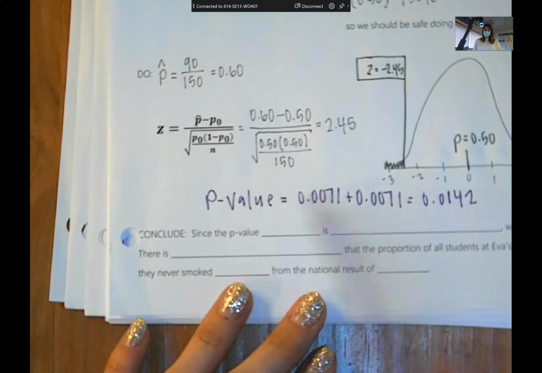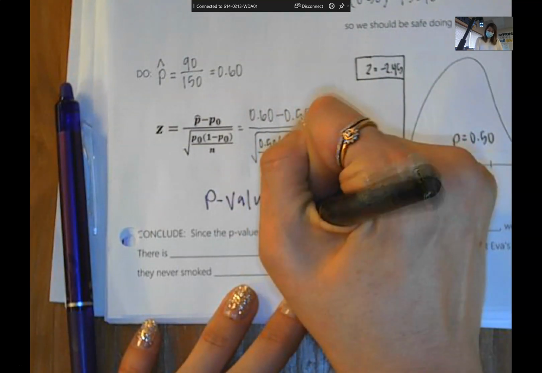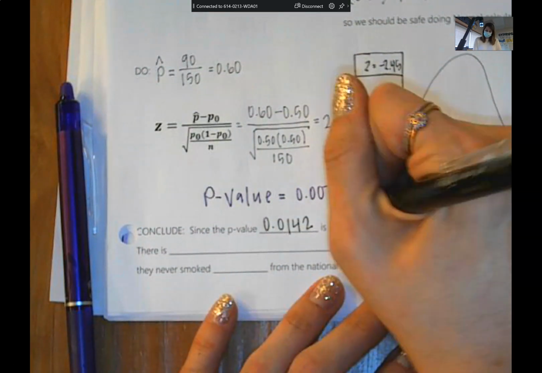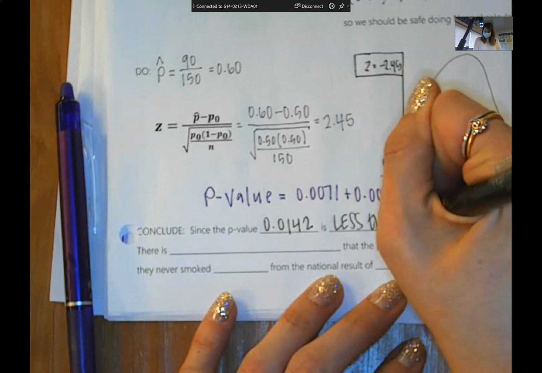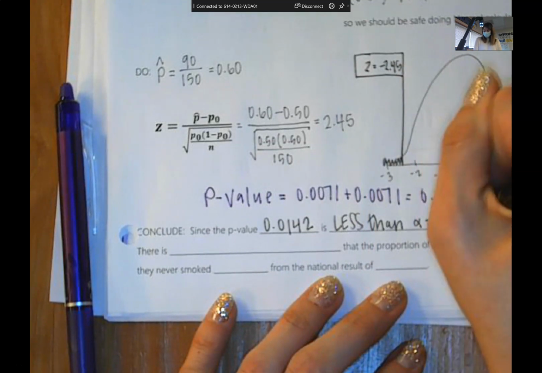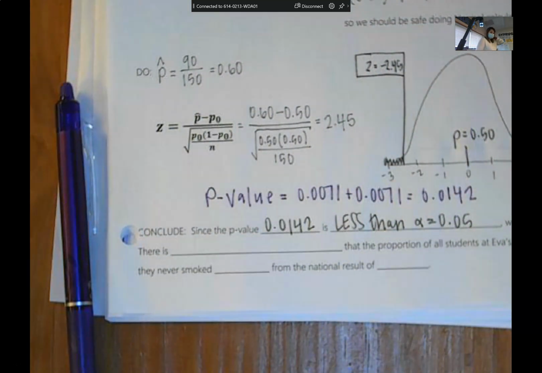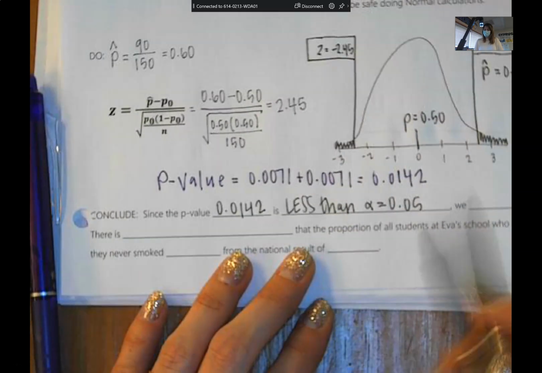So since the p-value of 0.0142 is less than alpha of 0.05, be careful about your alpha, because it won't always be 5%.